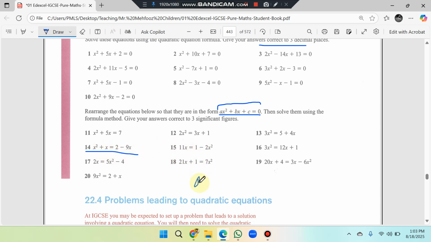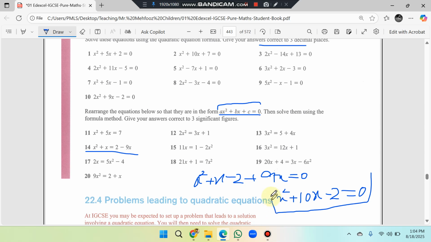First of all, we have to take all these terms from the right side, sorry, to the left side. So it becomes minus 2 plus 9x is equal to 0. After that, x square is as it is, and this 9x and x are added to each other, so it becomes 10x, and minus 2 is as it is, equal to 0. So this is your standard form of the quadratic equation.